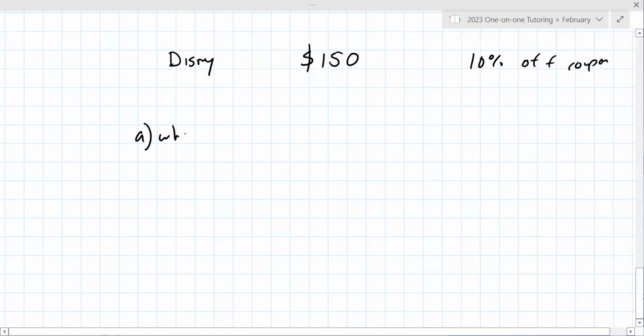So let's say you were going to Disney, and I think the tickets are pretty expensive now. Let's just say it's $150, but you have a 10% off coupon. If you have a 10% off coupon, the first question they could ask you is, what is the discount?